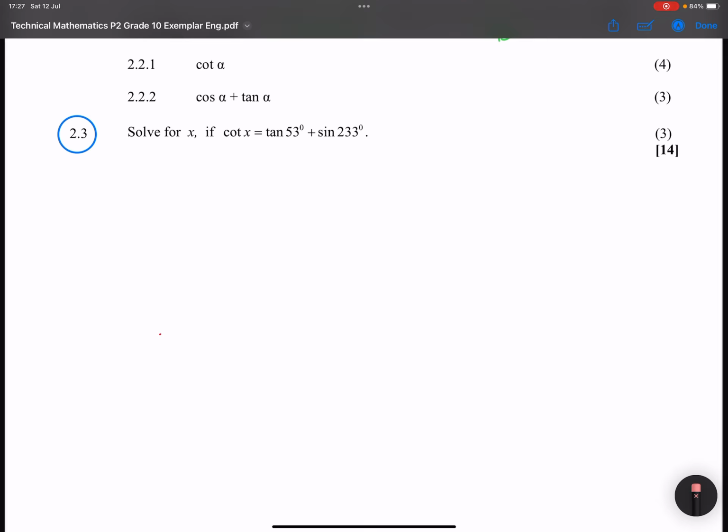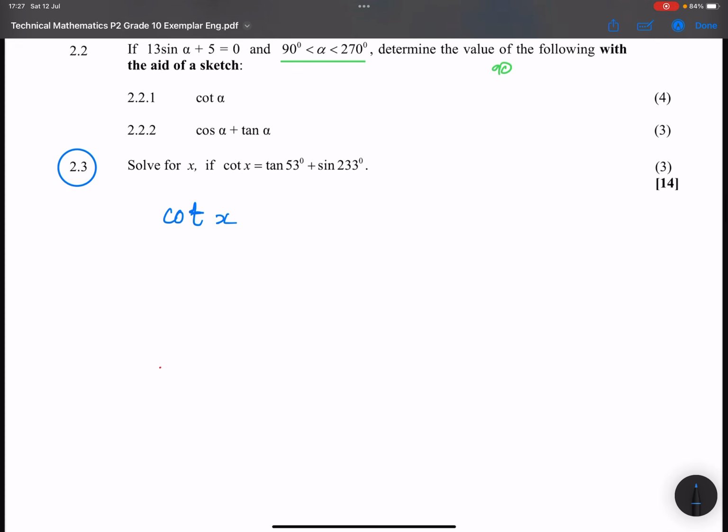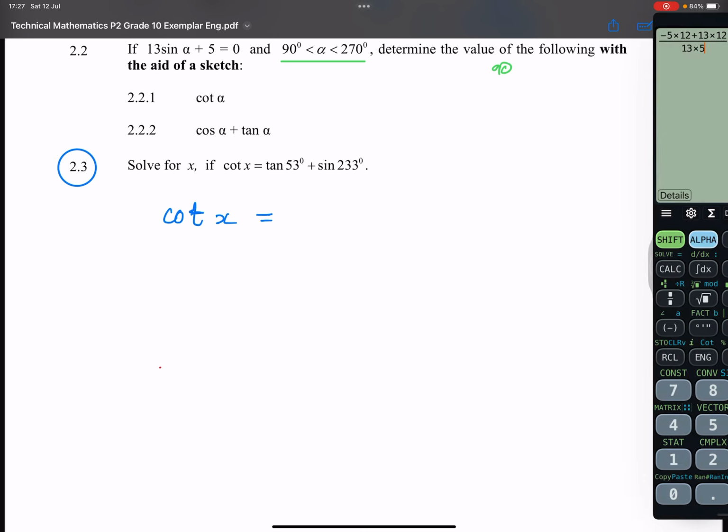Right, now, ladies and gents, we know in this case, let's do this. So that would be cot x. They did not say that we should not use a calculator here. So let's do this. Cot x, that would be 10 53 plus sine 233.